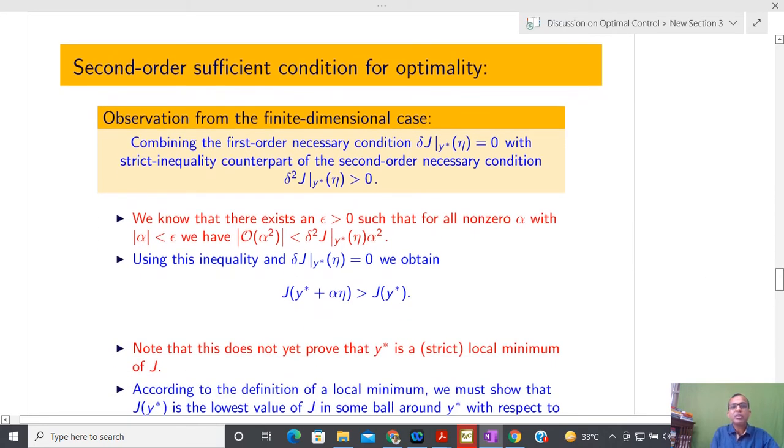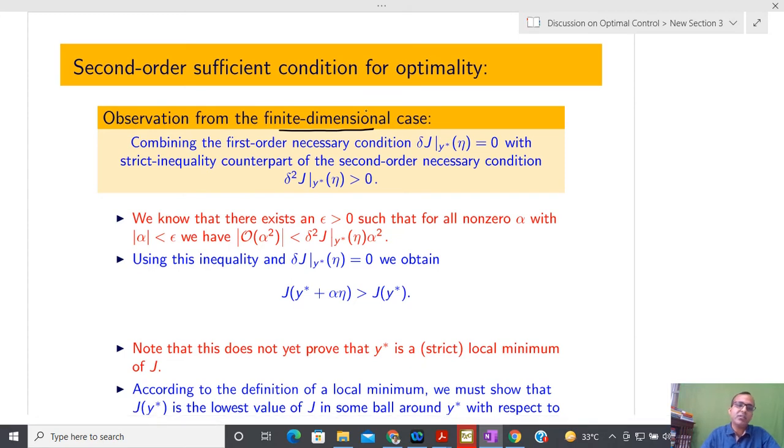What we have observed from the finite dimensional problem, when we solved the finite dimensional optimality condition for local minima, is this: we took the first order variation, and using the first order variation we generated the necessary condition.